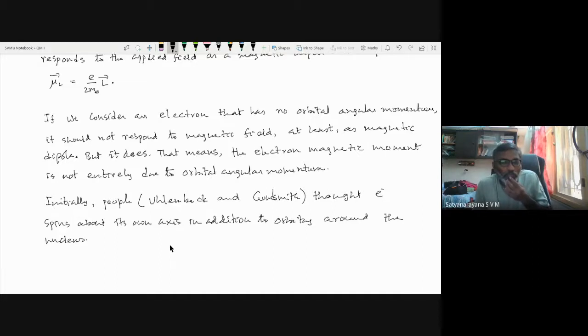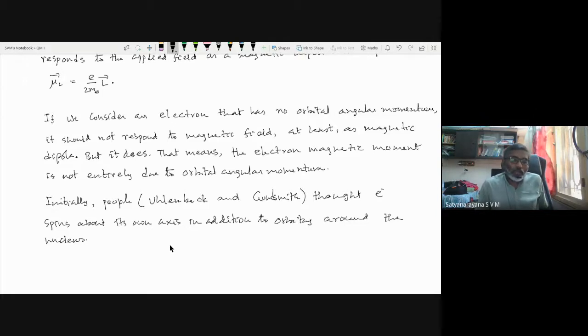Then Uhlenbeck goes and meets Lorentz, and Lorentz shows a fallacy in their paper: if the electron is spinning around its axis and you want the observed magnetic moment of h cross by 2, as seen in the Stern and Gerlach experiment, then the speed of the electron has to be larger than the speed of light, which contradicts special relativity.